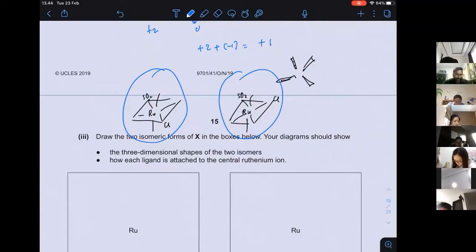The only way that I can think of, with the 2 different groups that I have, SO2 and Cl, is to put SO2 here and Cl opposite, making a cross. And then another one, put SO2 here and Cl side by side. And the rest of them are going to be ammonia. This is my working that I'm going to draw.